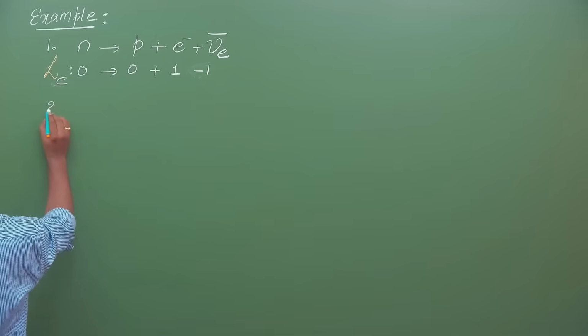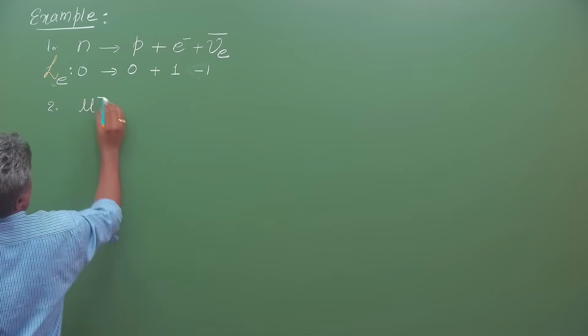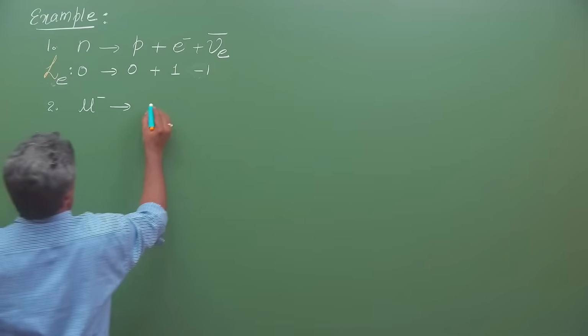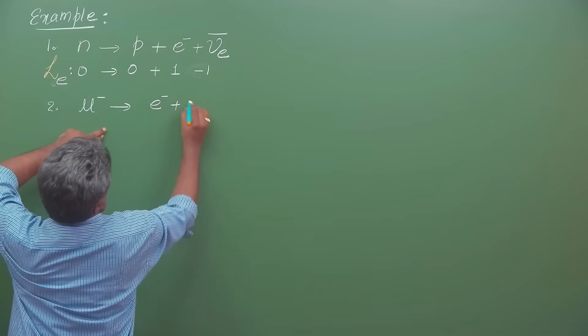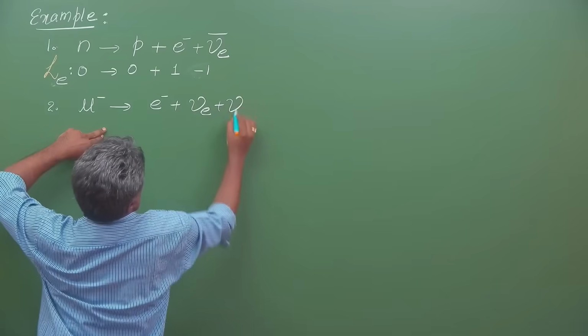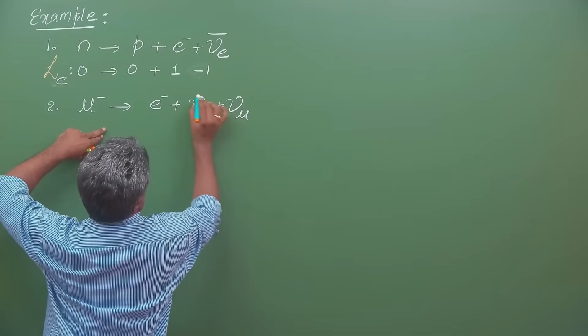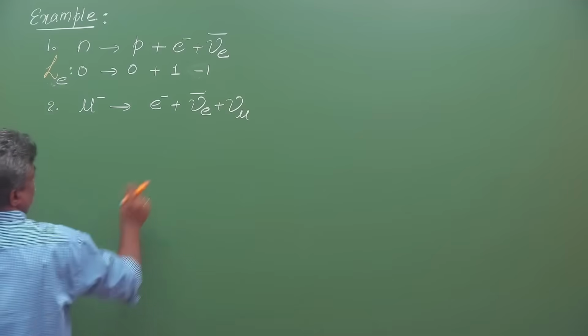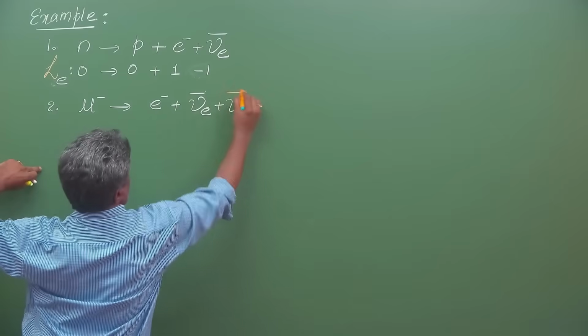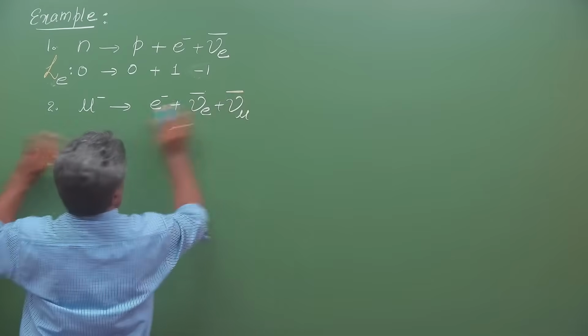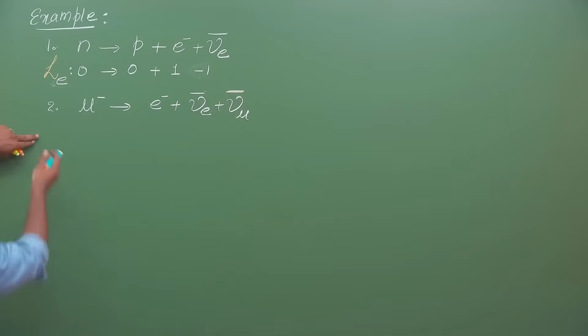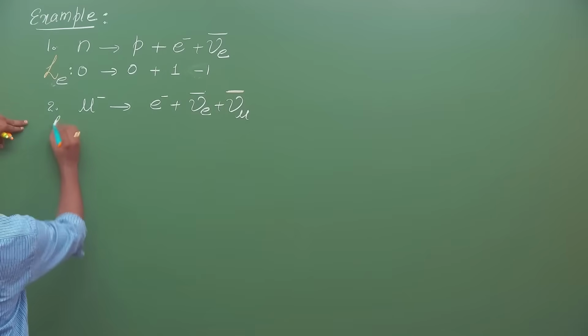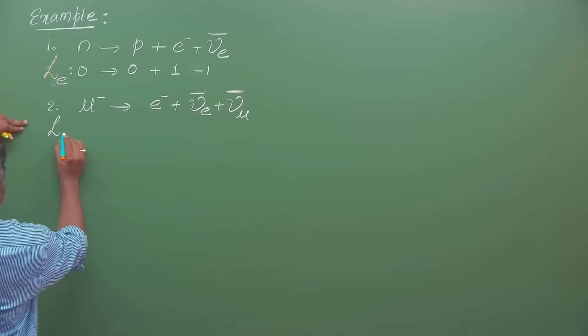Clear? One more. I am taking mu minus gives e minus plus nu e bar plus nu mu, something like this. Okay, all of you please listen. Now see, while you are checking the lepton number, question yourself, which family is there?